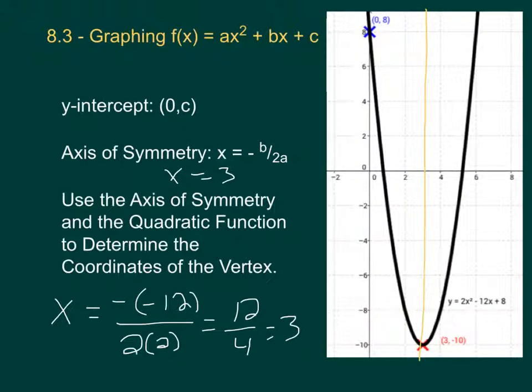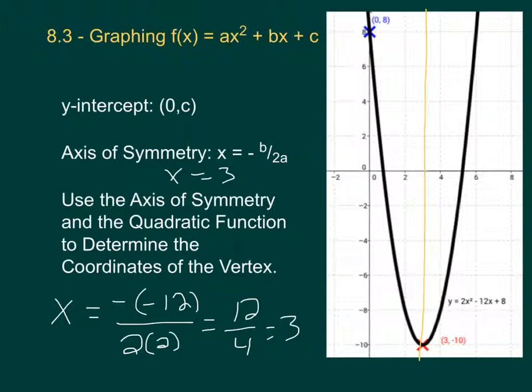Now we've talked about how when we have the axis of symmetry, we can figure out almost anything else from the parabola. In this case, what we could do is realize that the axis of symmetry, being x equals 3, passes through the vertex and therefore corresponds to the x-coordinate of the vertex.